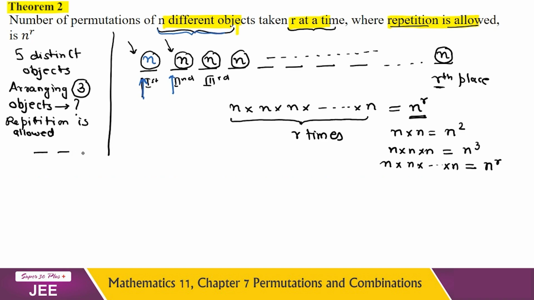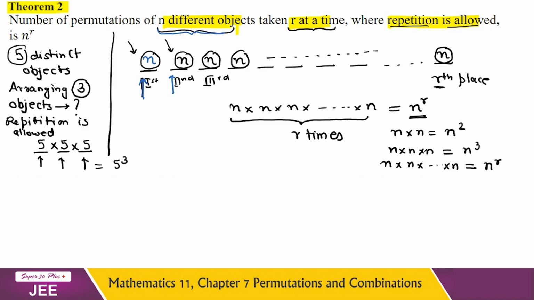So I have marked 3 places. First place can be filled in how many ways? Total options 5. Second place can also be filled in how many ways? 5. Third place can also be filled in how many ways? 5. So the net answer comes out to be 5 multiplied by 5 multiplied by 5. Alright, so this comes out to be 5 raised to the power 3.